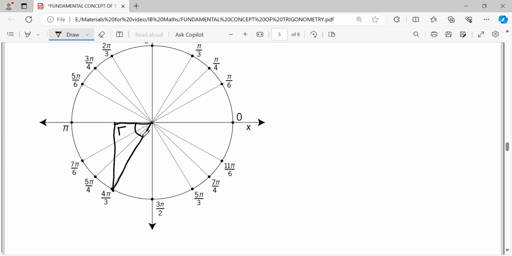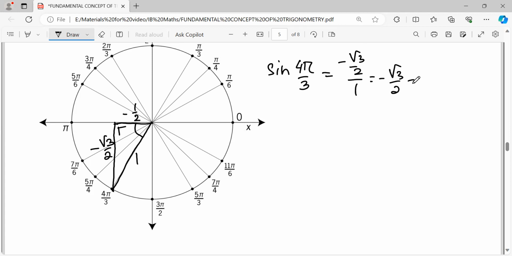This one is negative square root 3 over 2, and this is negative a half. So sine the gradient 1, sine 4 pi over 3 equals negative square root 3 over 2 over 1, negative square root 3 over 2, or negative half square root 3.